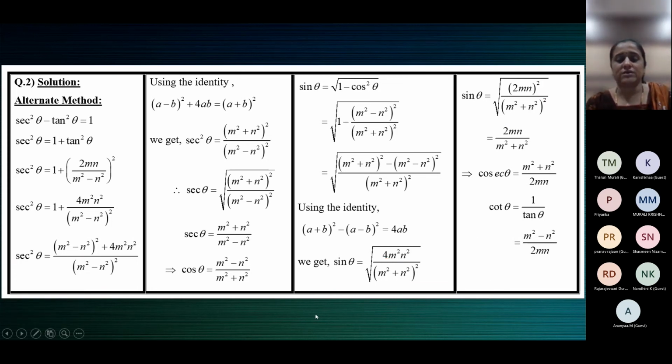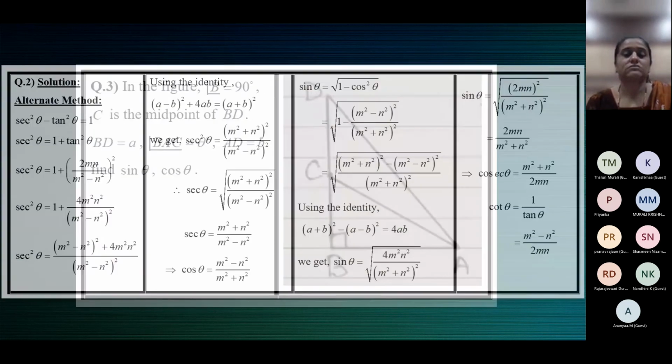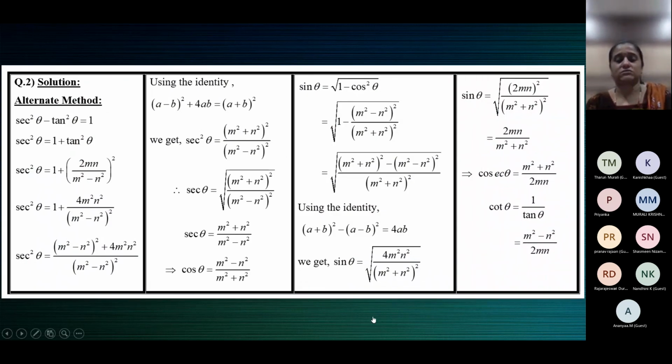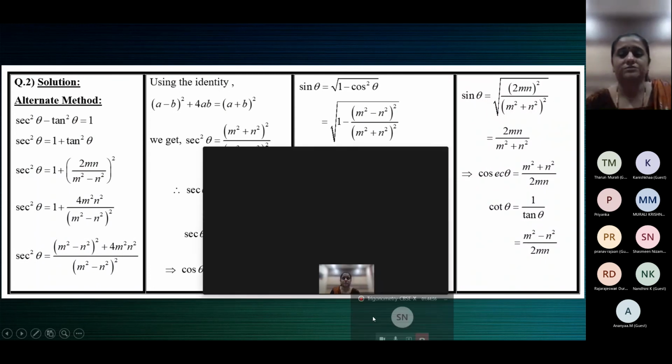Yeah, children, since it's time, take a screenshot and please finish this in your classwork. Please take a picture and complete this. Done, children? Okay.